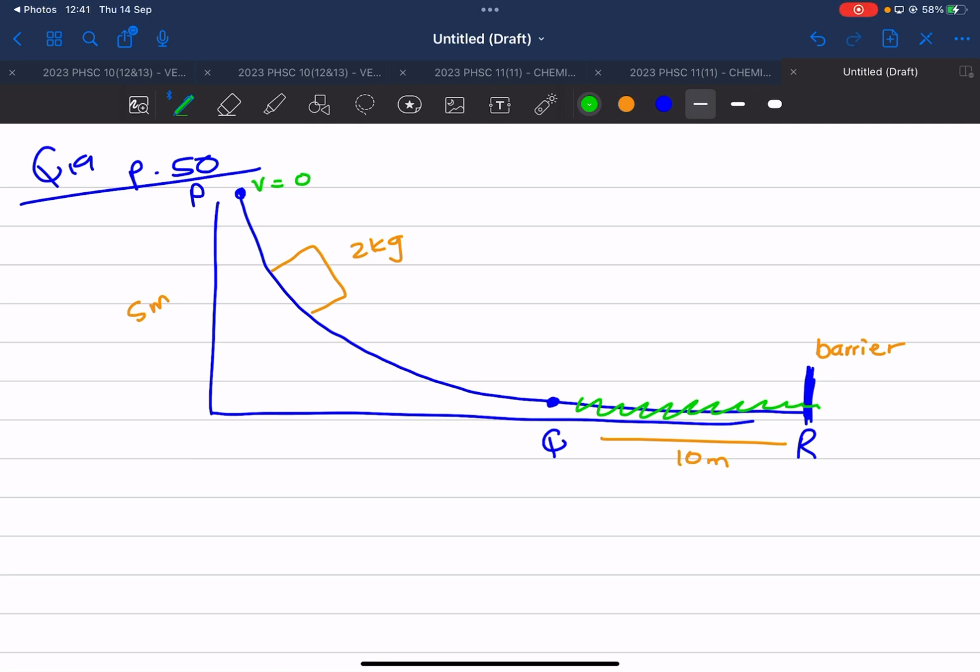Frictionless daarso. Sê vir jou, no friction. Sê vir jou, you're going to use the conservation of mechanical energy. Dit is die enigste formule wat ons gebruik. Ja, jy kan hierdie ene ook gebruik, maar jy maak dit vir jouself complicated.